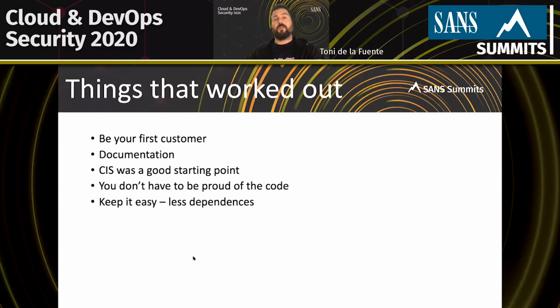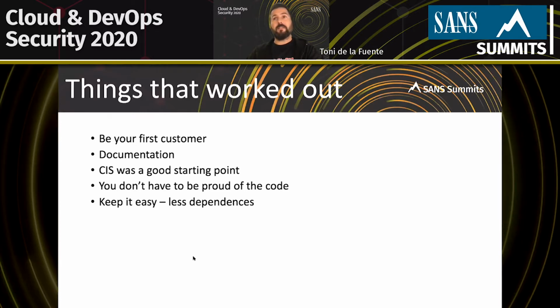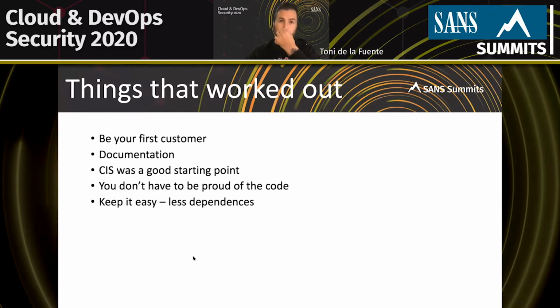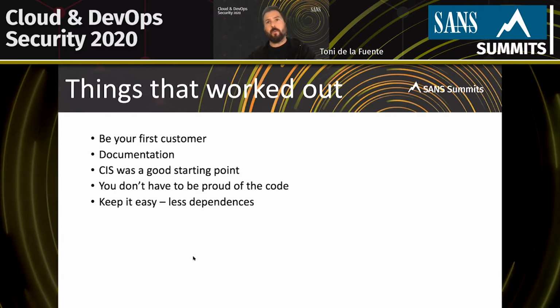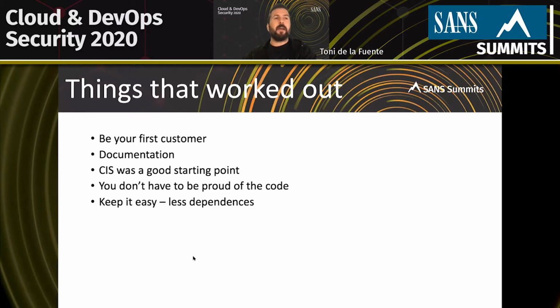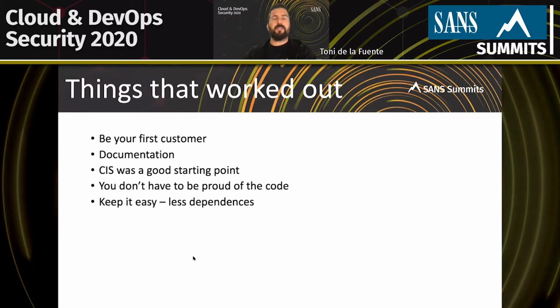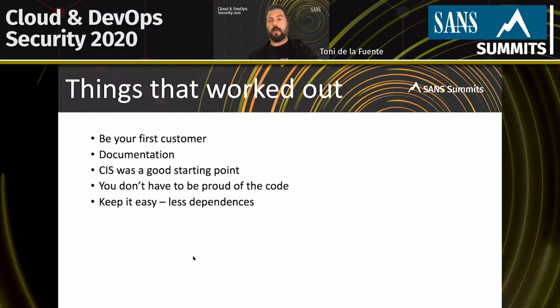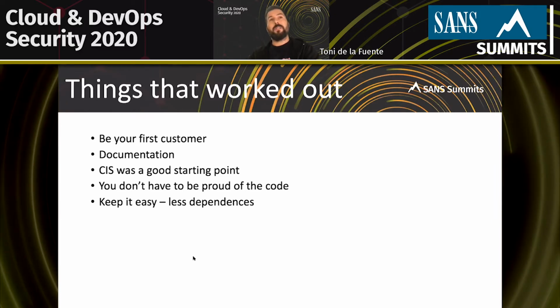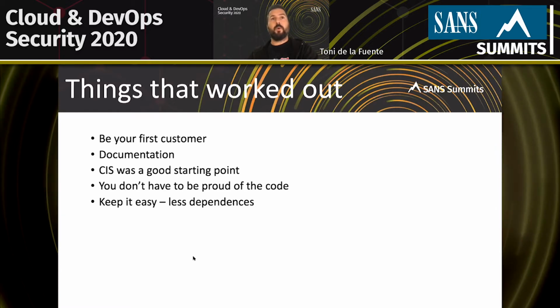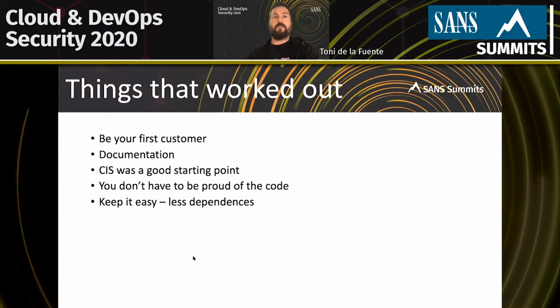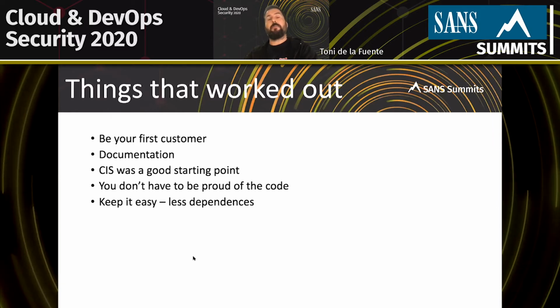Keep it easy. I wanted everybody to run it. You won't believe me, but there are a lot of people who struggle with Python, pip dependencies, installing all the different packages, or with other programming languages. So I wanted something easy based on the CLI, that everybody with a minimum knowledge of the AWS CLI could run Prowler.